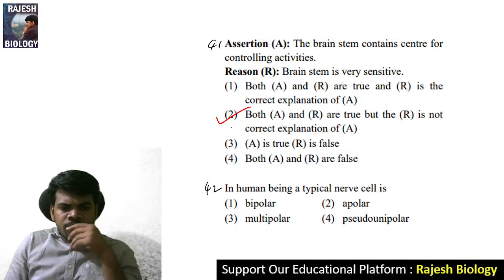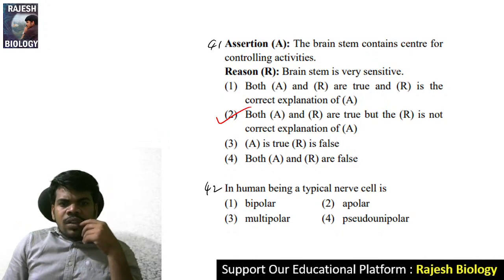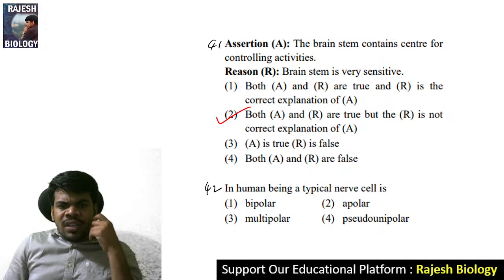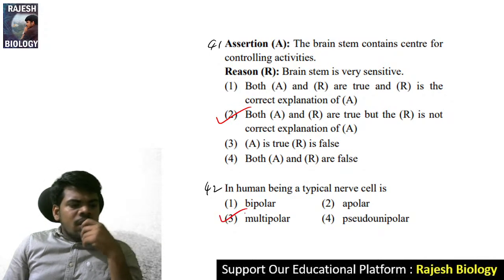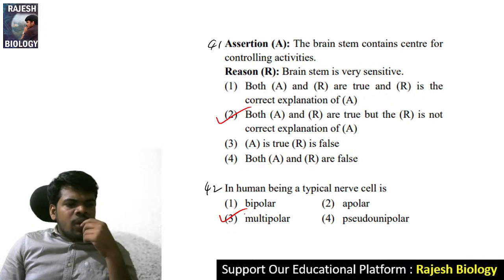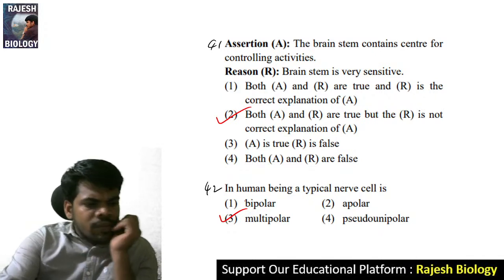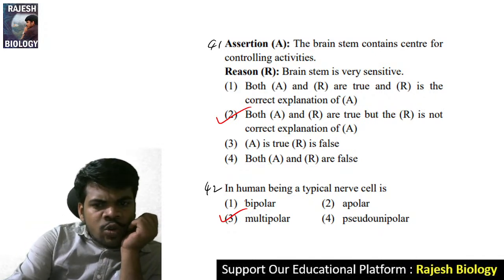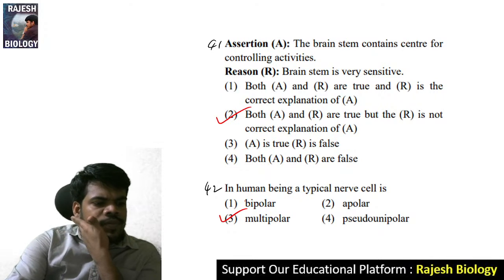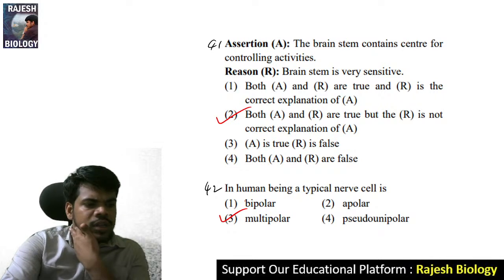Question number: in human beings, a typical nerve cell is always a multipolar neuron. 42, option 3. No, it is not pseudo unipolar or bipolar. 42, answer 3, right answer.